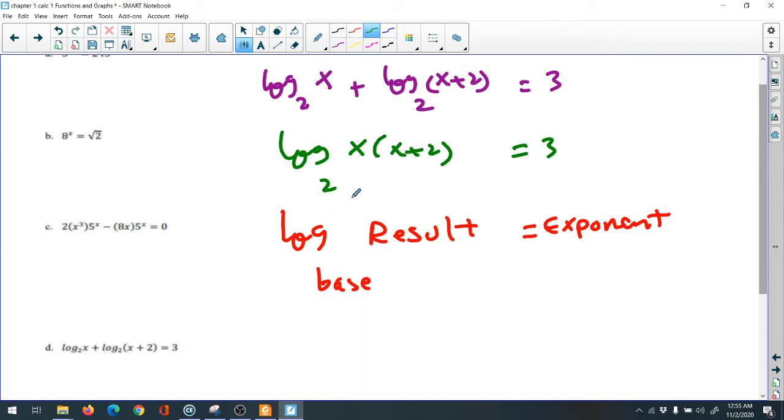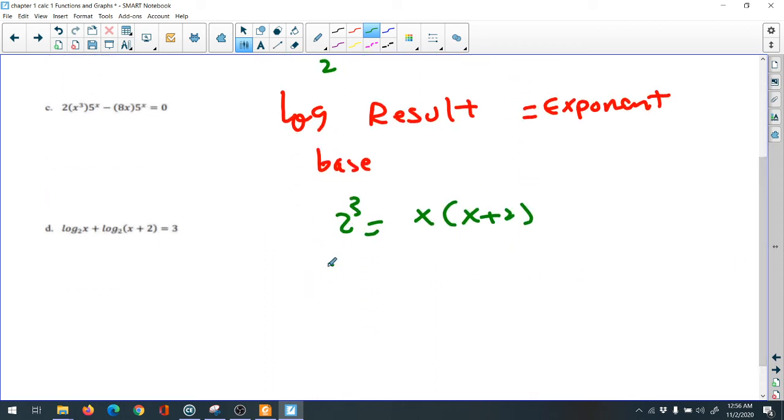So base is 2, exponent 3, so 2 to the third equals the result, which is x times x plus 2. Base, result, base, exponent. 2 to the third equals the result, which is x times x plus 2.